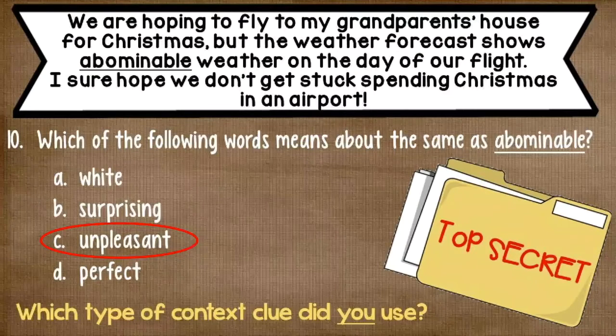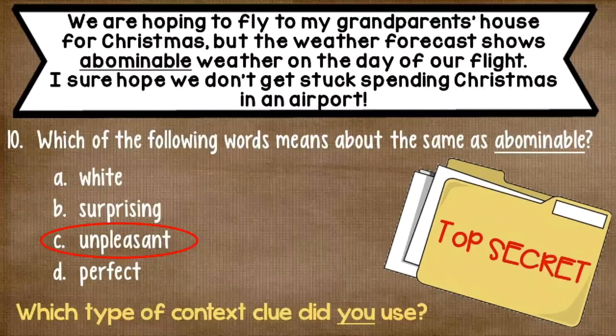Now, how can we figure that out? Well, if we go back up and look, we see that they hope they don't get stuck spending Christmas in an airport. Now, I know from what I've read before that when I get stuck somewhere, it's usually not a good thing. So I wouldn't think the weather would be good. To me, that would mean the weather would be bad.